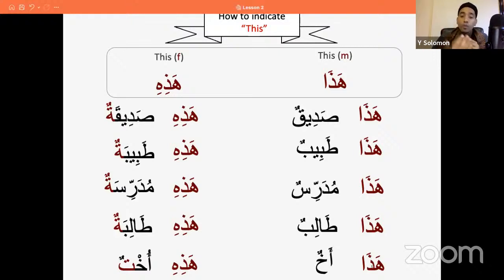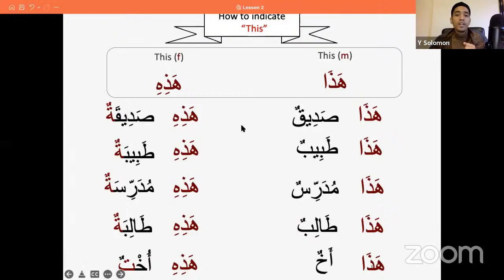However, if we're speaking to a female, it's going to be ki at the end: ismuki, haluki, sadiquki, sadiqatuki.